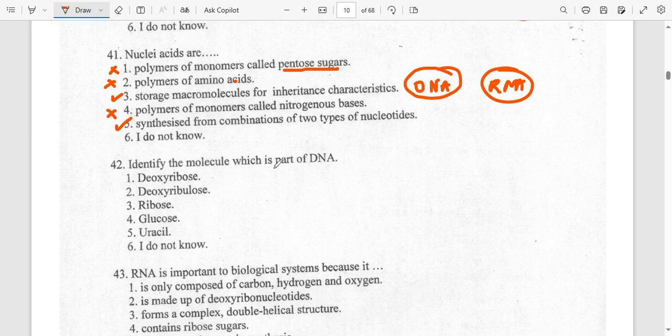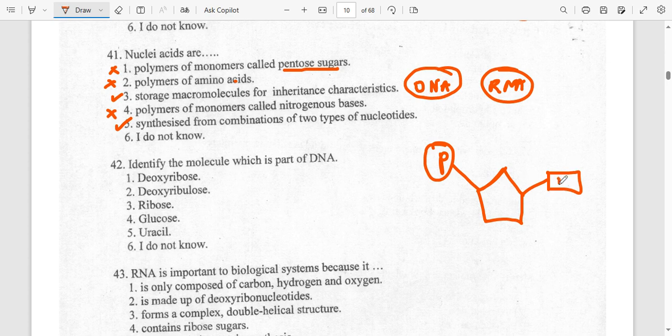Identify the molecule which is part of DNA. Now, DNA, we are going to have this. This is a pentose sugar, a phosphate group, and a nitrogenous base. These three things make up our DNA.